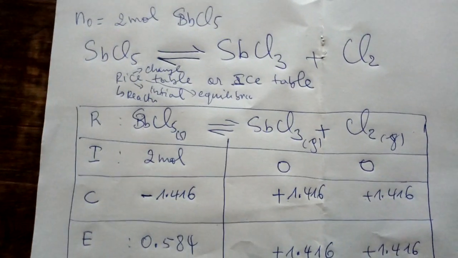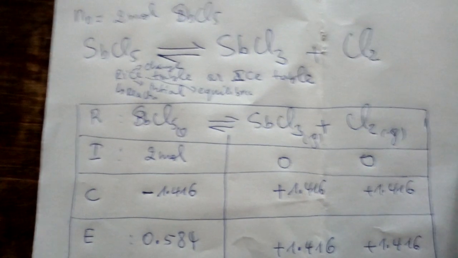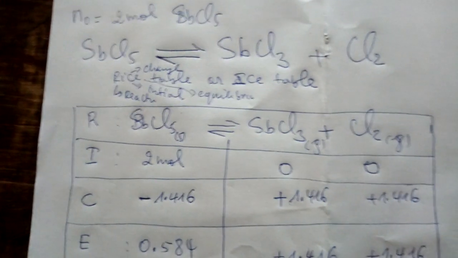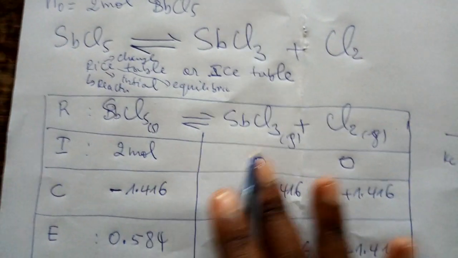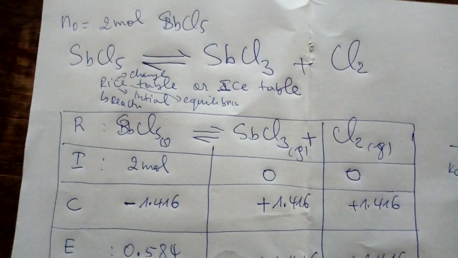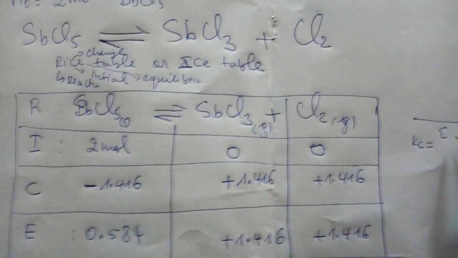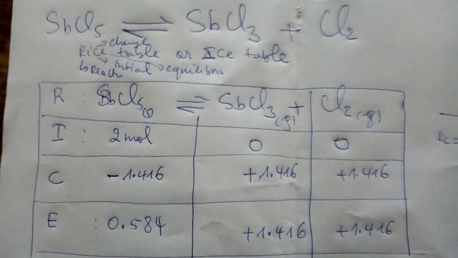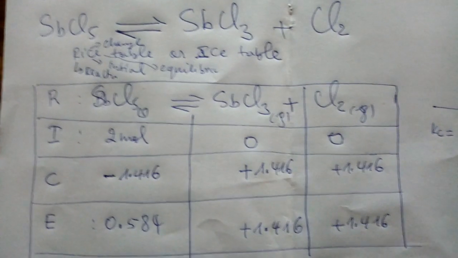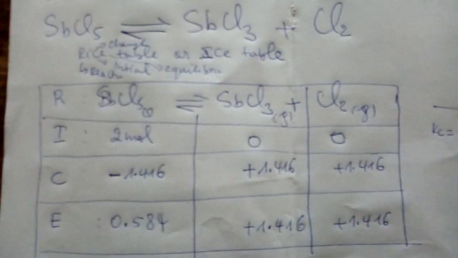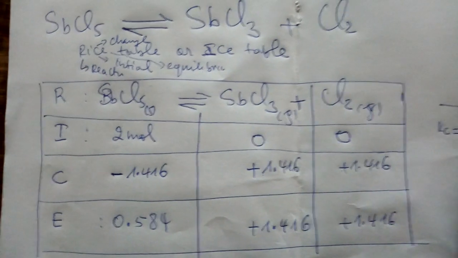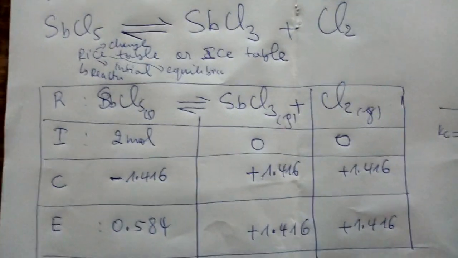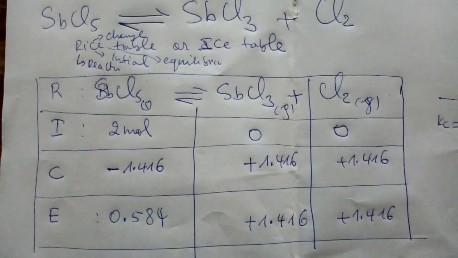Then after having this, we know that Kc will be equal to the concentration of the species on the right side. Here we will take the concentration of SbCl3 and the concentration of chlorine over the concentration of antimony pentachloride.